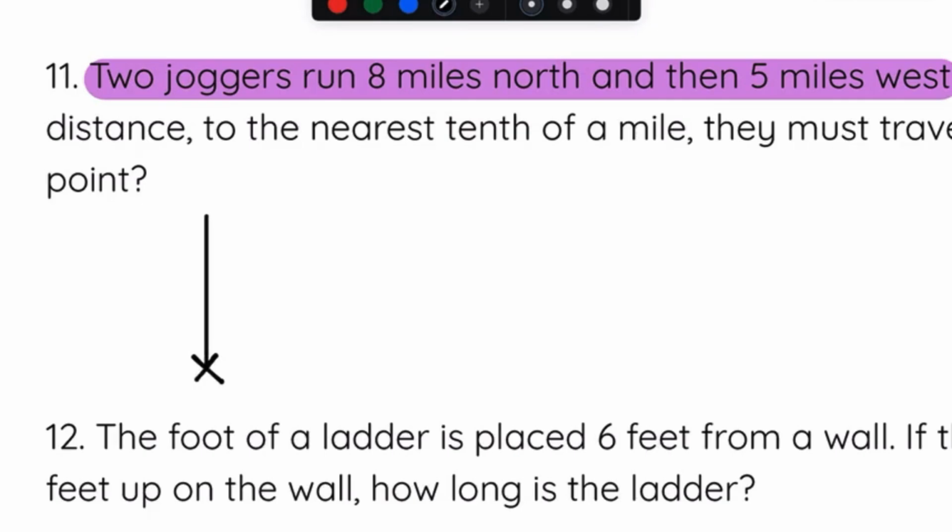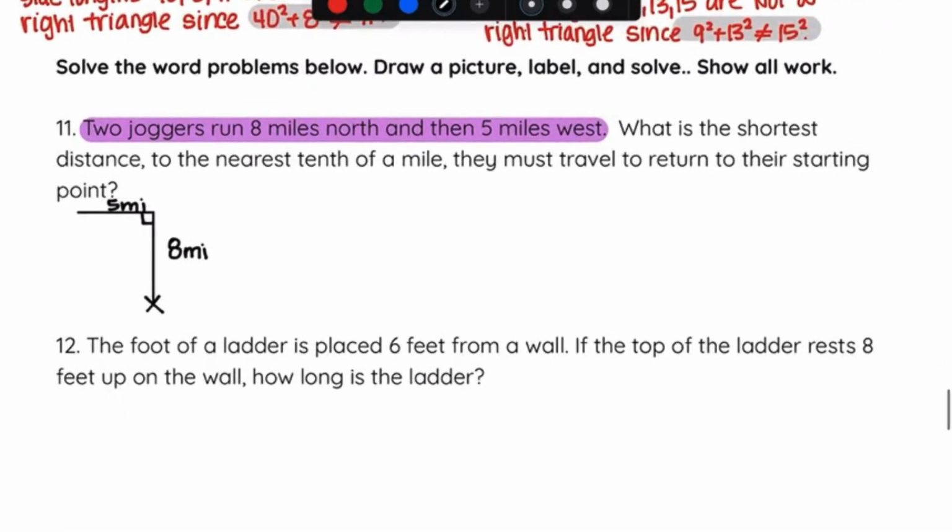And you're going to go 8 miles north, okay? And they turn and they go 5 miles to the west. Now, if I go from north to west, I'm definitely creating a right angle. What is the shortest distance to the nearest tenth of a mile that they must travel to return to their starting point?